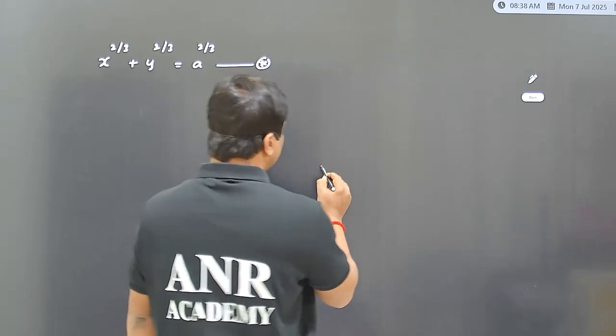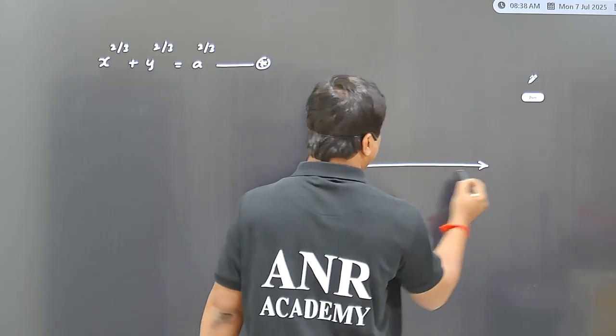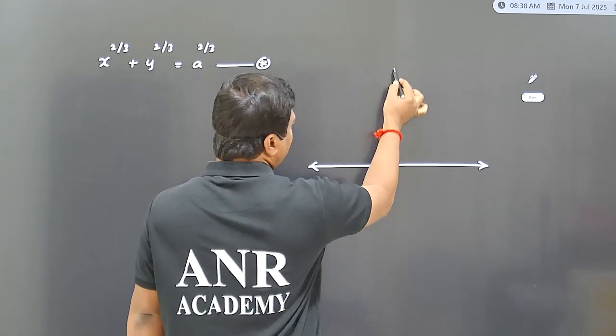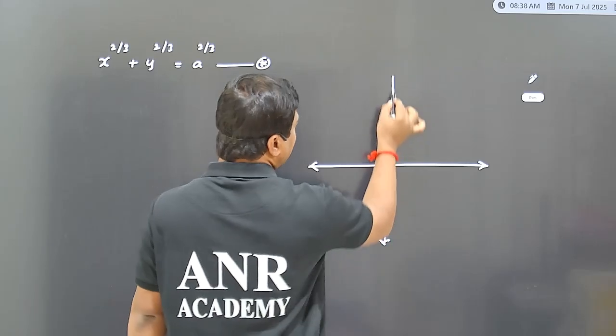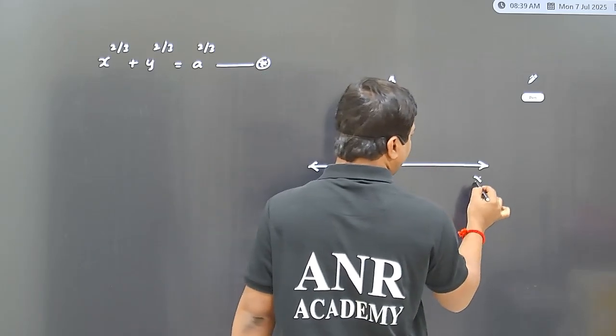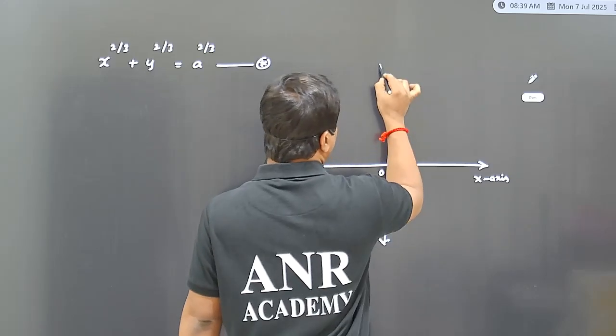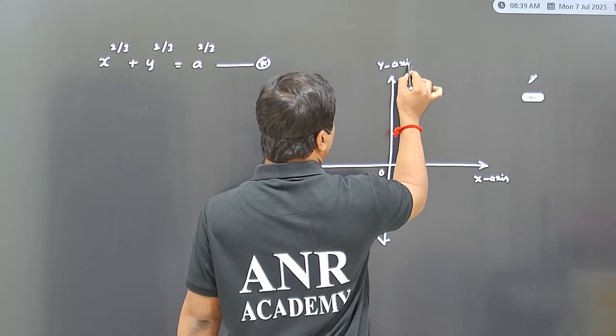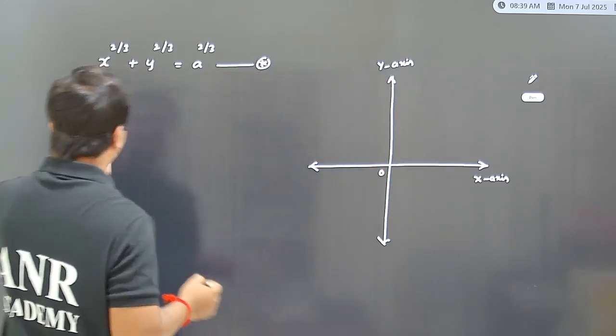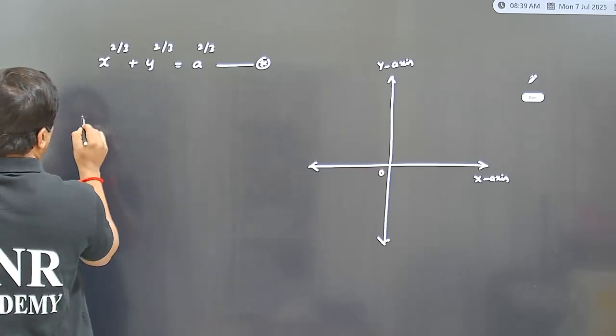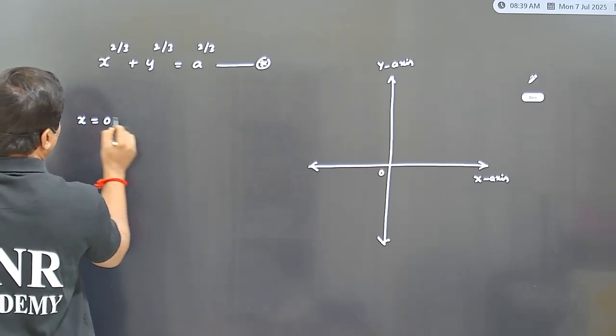Suppose this is the x-axis and this is the y-axis. Their point of intersection is the origin. To draw the graph of this curve, first I am going to put x value 0.